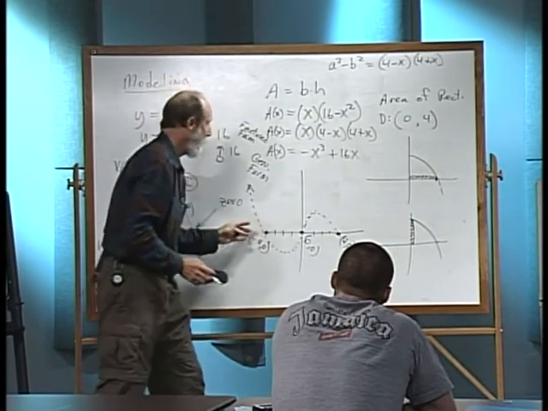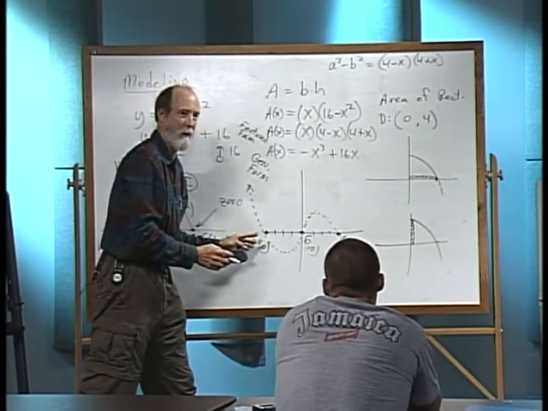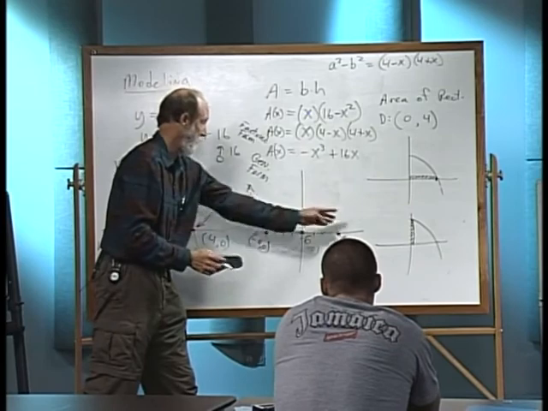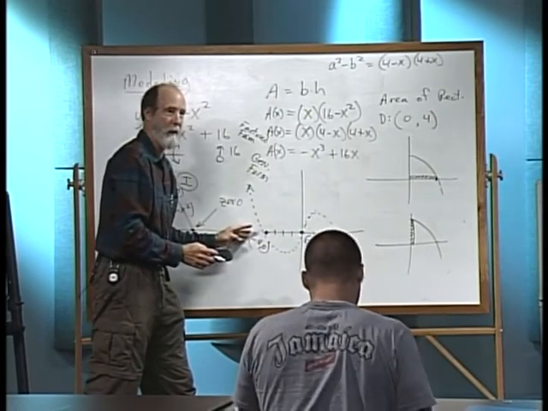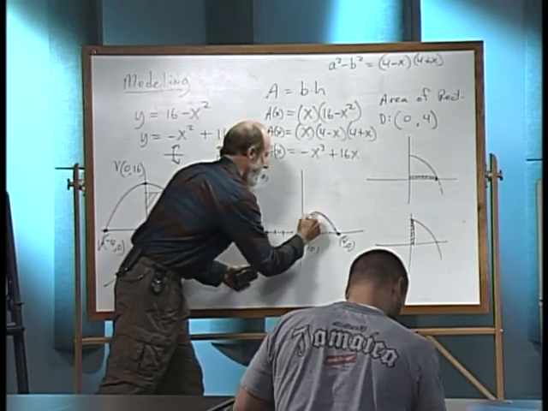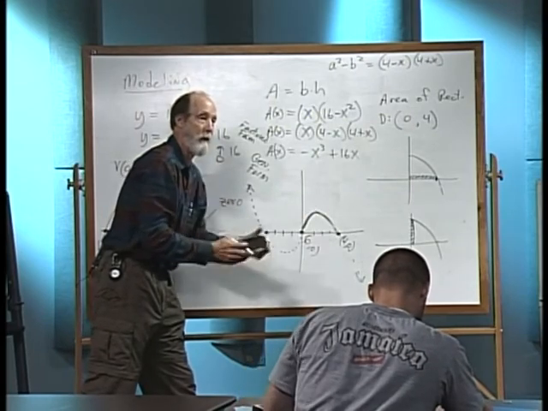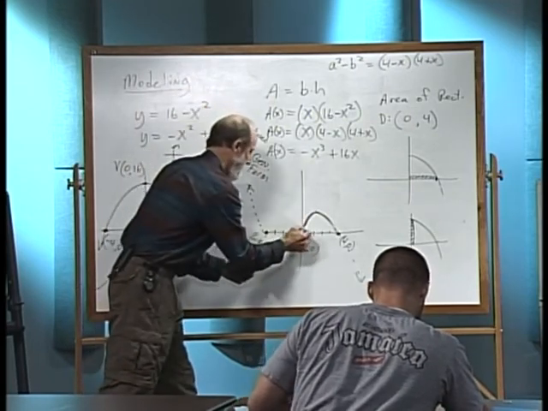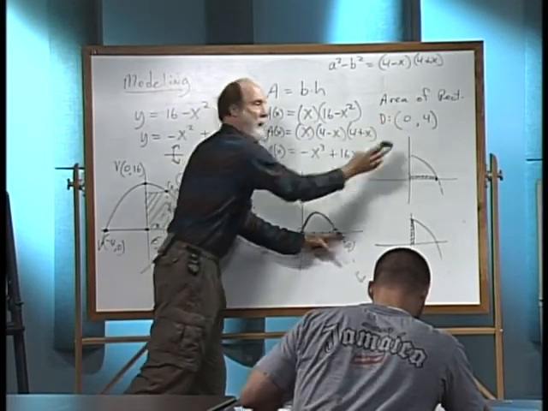Now, what portion of the domain is good for this model? Here's a picture of the whole thing. But this is not good for the model. Just this. Just that, isn't it? So just that portion of the domain is physically available to us, and this is really a hole in the graph because of our restricted domain up here.